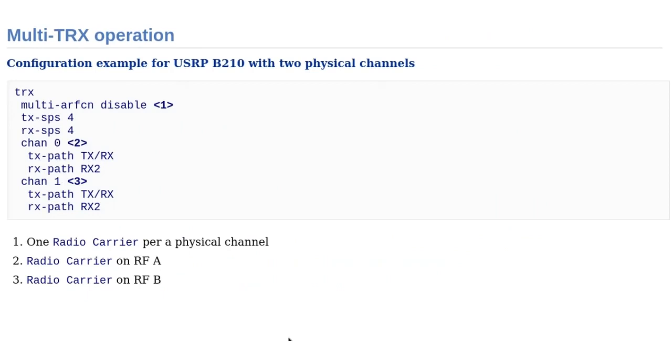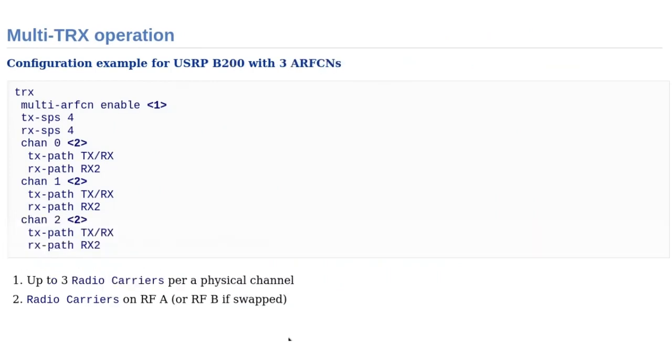OsmoTRX will start with 2 channels that you can use as you wish from the higher levels. And in case you have an SDR that has only one channel, you can enable the multi-ARFCN mode and configure up to three transceivers, up to 3 channels here.